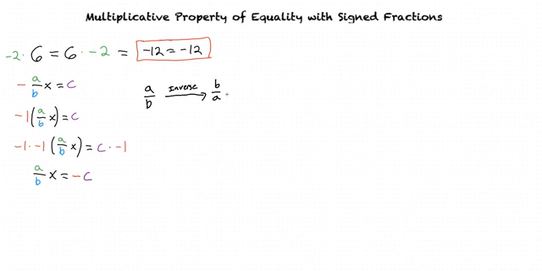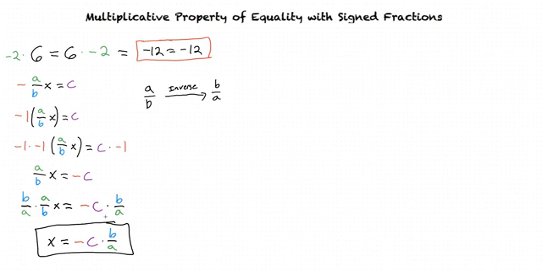When we do this, we get b over a times a over b x equals negative c times b over a. When we simplify this, the b over a times a over b simplifies down to 1, and so we get the final equation, x equals negative c times b over a, and that's our final solution for x.